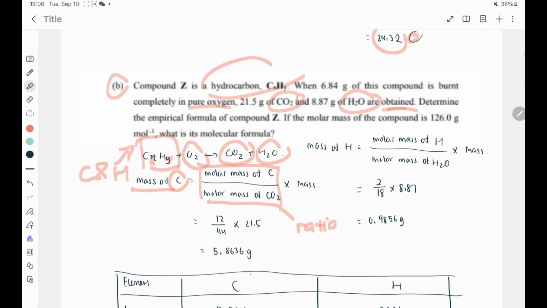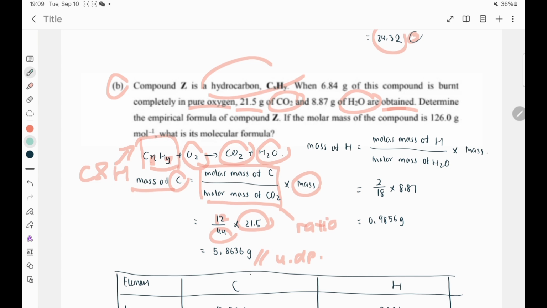When we multiply by the mass, we get the mass of C only. So you just sub in the value 12/44, times the value 21.5 that we get from there, and you will get the mass of carbon is 5.8636. Remember to keep it at 4 d.p. first, because this is not the final answer yet.